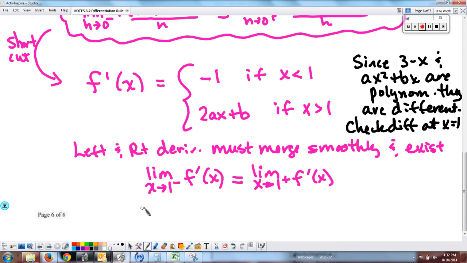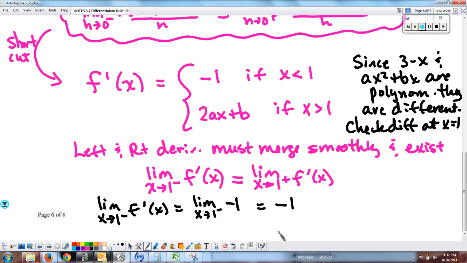So I'm now going to look at what we need to happen: the limit on the left equal to the limit on the right. The limit as x approaches 1 from the left of the derivative would be the left piece, which is a constant, so I get negative 1.